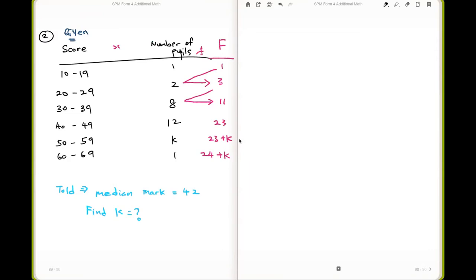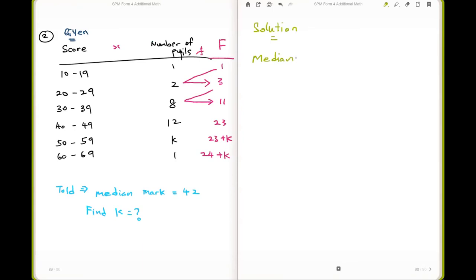Now, to solve this, I'm going to lay it over here. Solution. Median. First of all, you need to identify where the median class is.